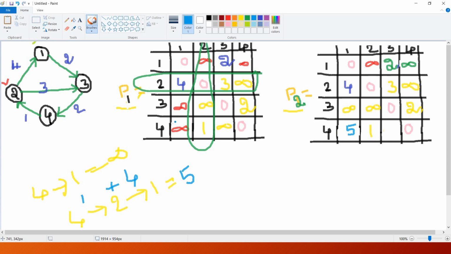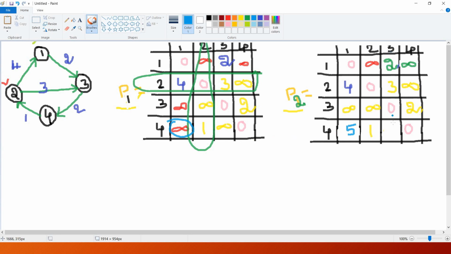So this one of these infinites is eliminated. Similarly we have to find P3 and P4. We are able to eliminate most of the infinites and we will try to find out the minimum cost. So infinity and 5, which is minimum? 5 is minimum. So now we are able to eliminate one infinite value and find a shortest path from 4 to 1. Instead of infinite we got 5.